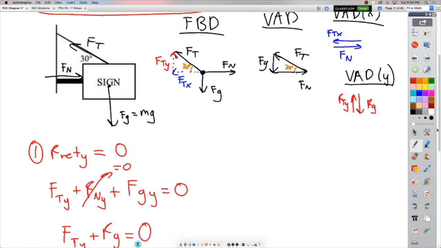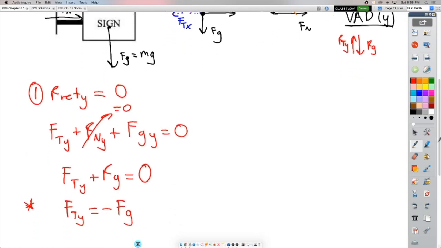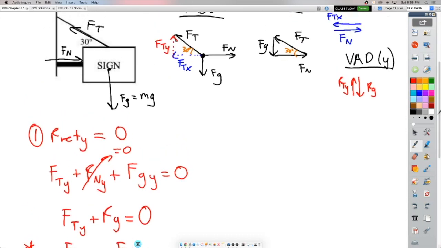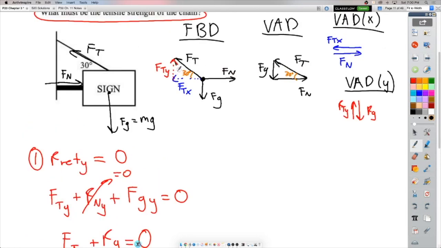Well, that makes sense. Why is the tension there anyway? It's to cancel out the gravity. It needs to be just as big up as it was down. So opposite direction, but just as large. Okay, great. FTY equals negative FG. How do I get FTY? Well, FTY is opposite to that 30-degree angle there.